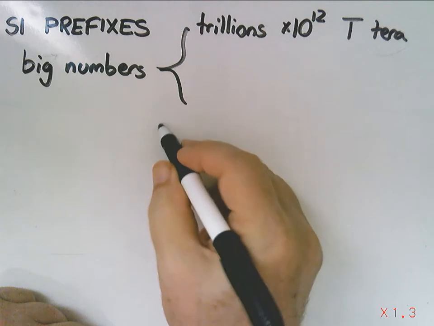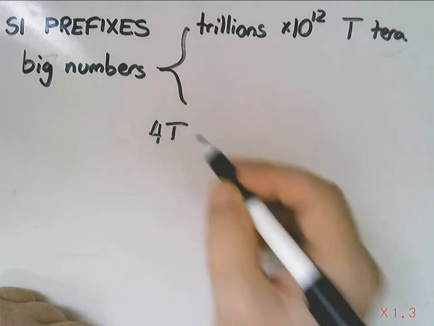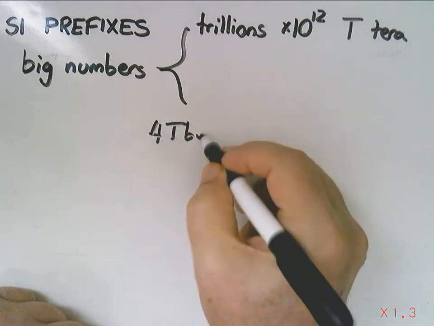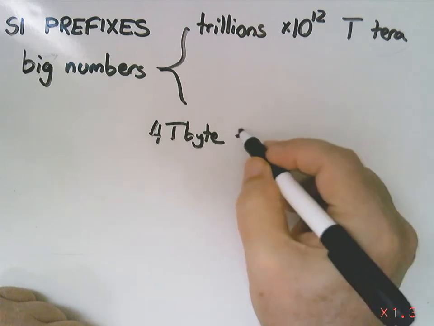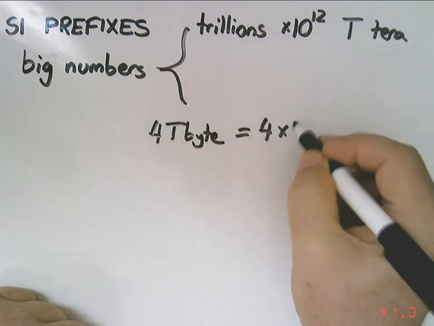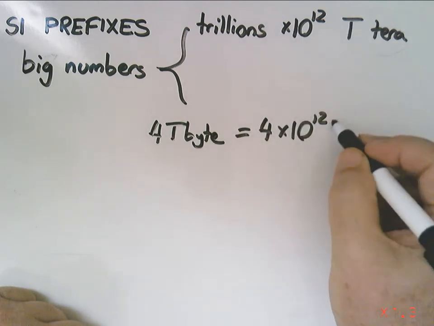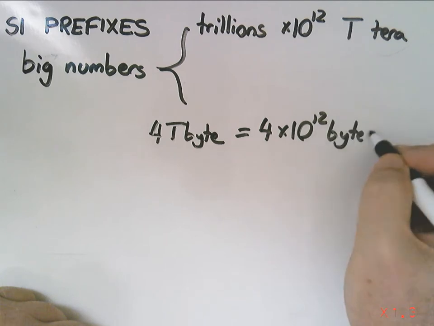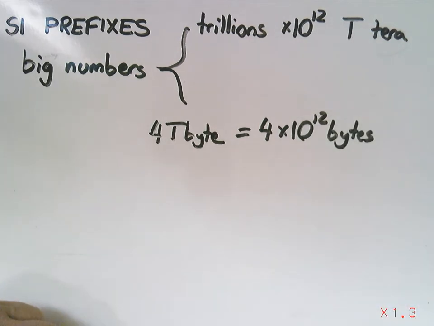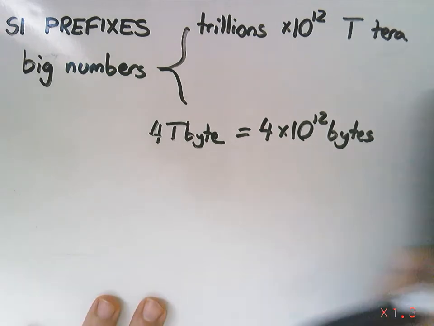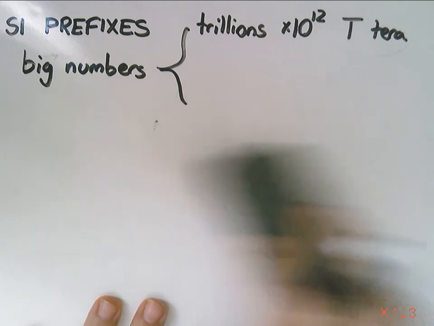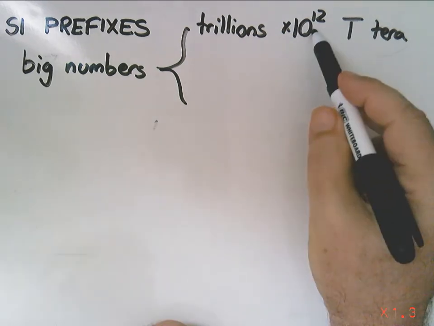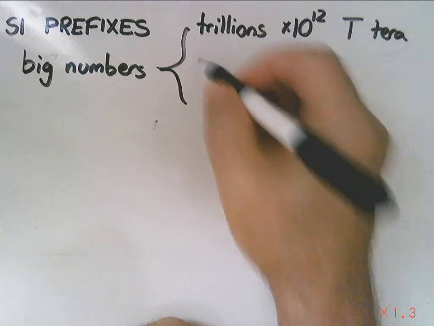So if I say I have a 4 terabyte drive, it means that I have 4 times 10 to the 12 bytes. Bytes being a unit of computer storage. It's the amount of memory that you need to hold generally a single typed character. So tera is just an abbreviation for that.